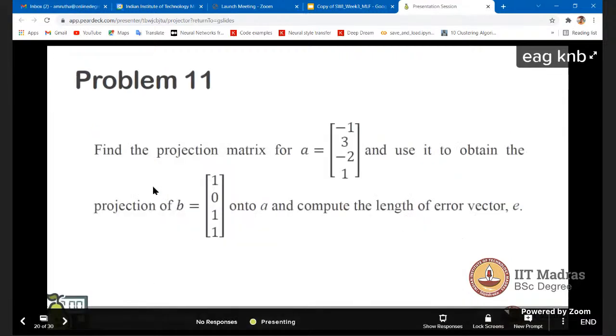Next question. Find the projection matrix for a vector A, and using that projection matrix, you have to obtain the projection of the B vector onto the A vector and compute the length of the error vector.